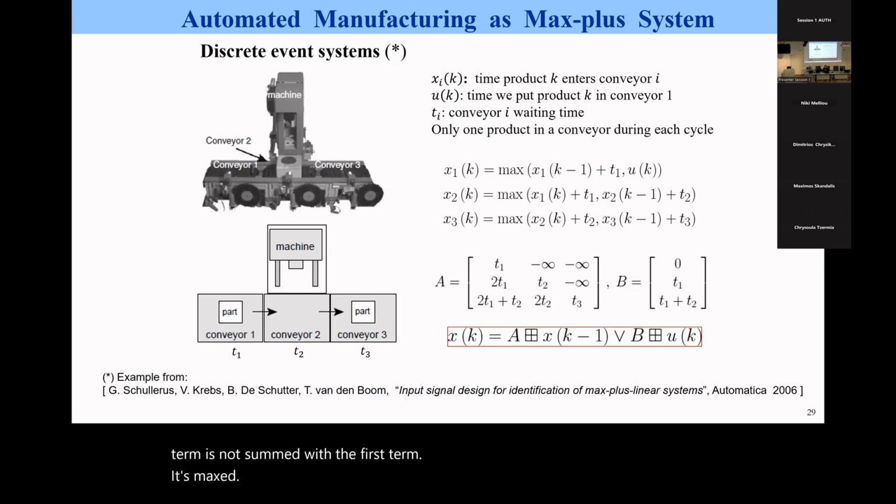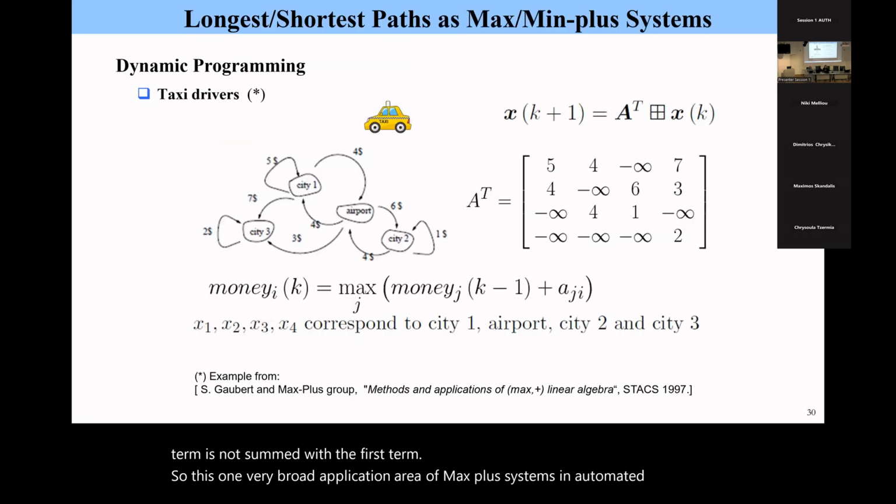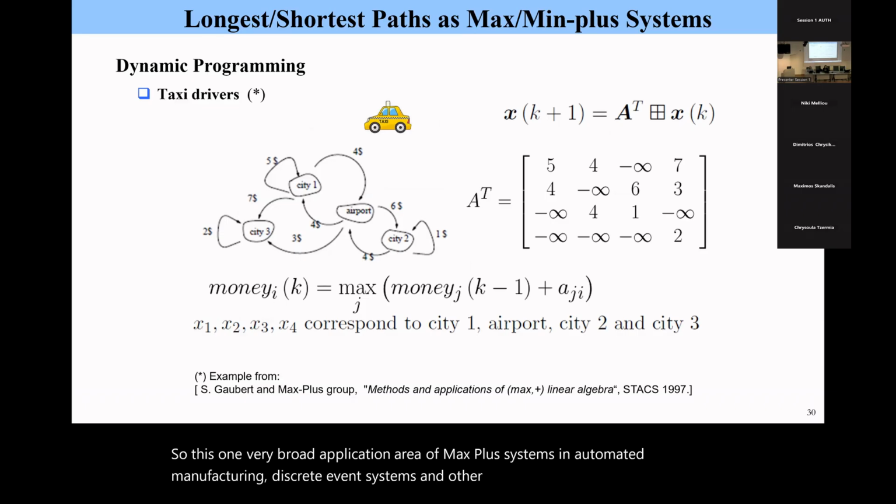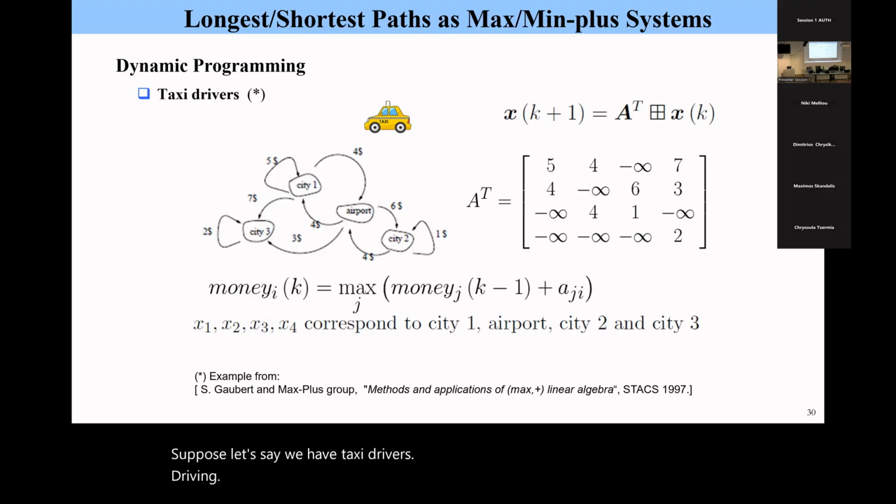So this is one very broad application area of max plus systems in automated manufacturing, discrete event systems. Another application is dynamic programming. Suppose, let's say, we have taxi drivers driving in a network of cities and airport and trying to maximize their profit.